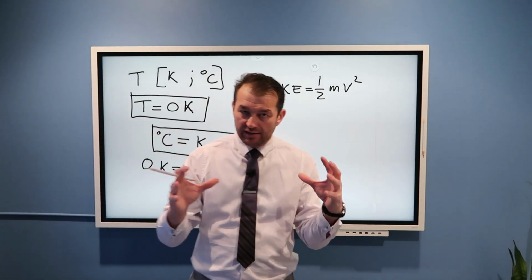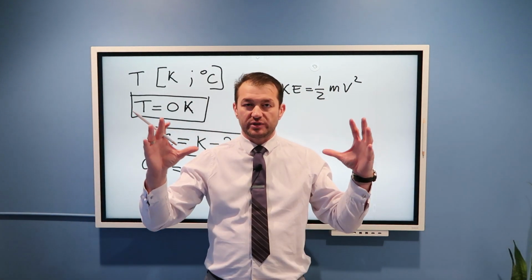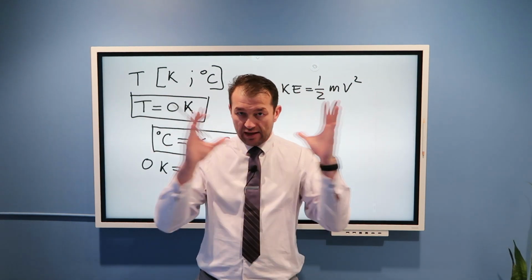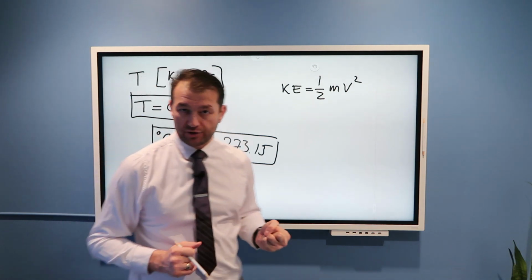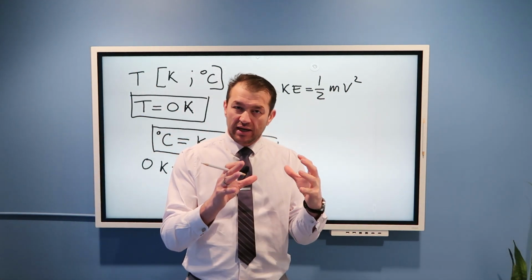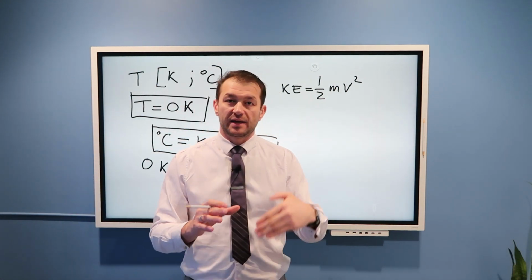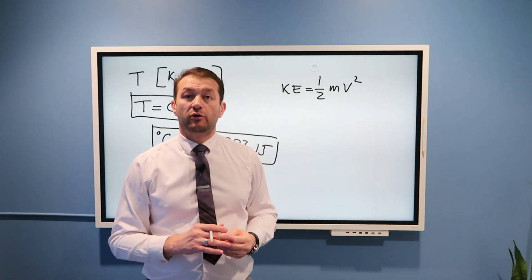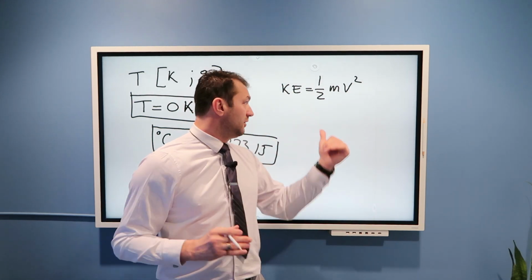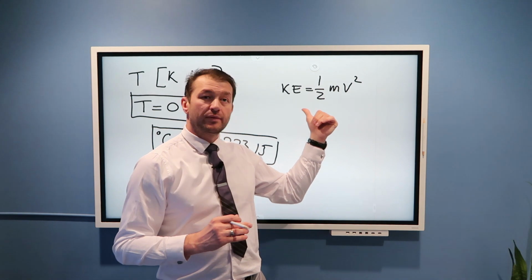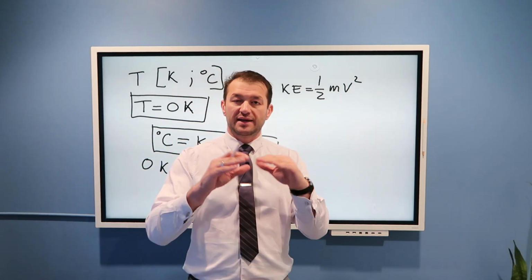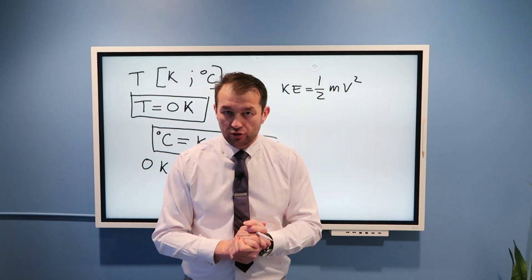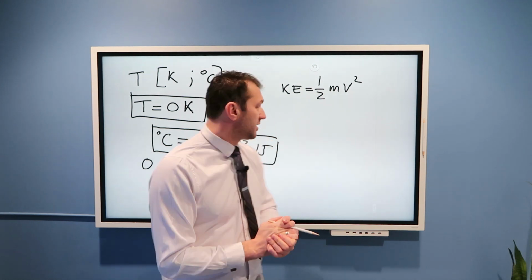Average kinetic energy of atoms and molecules of air around me is proportional to temperature. Average kinetic energy of motion is a measure of temperature. A high level of this kinetic energy means high temperature. A low level of kinetic energy of atoms and molecules means low temperature.